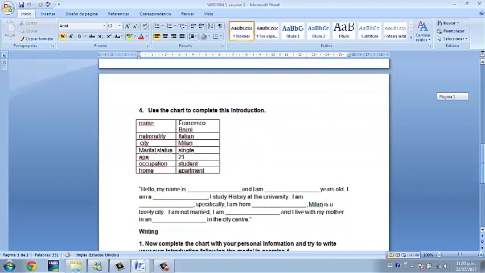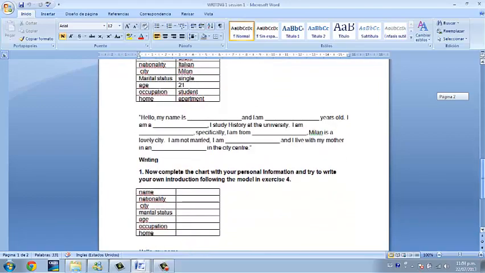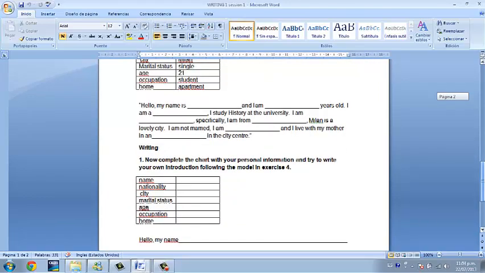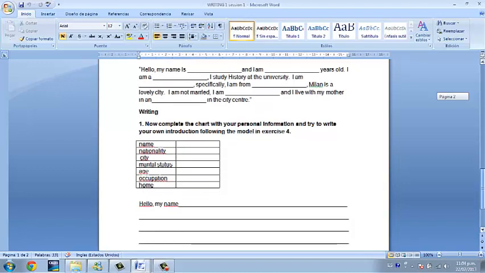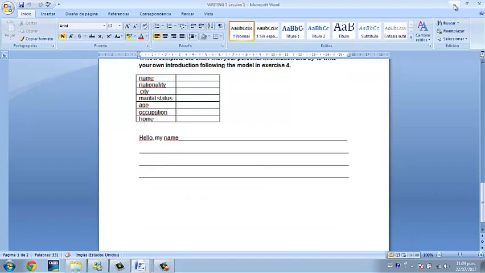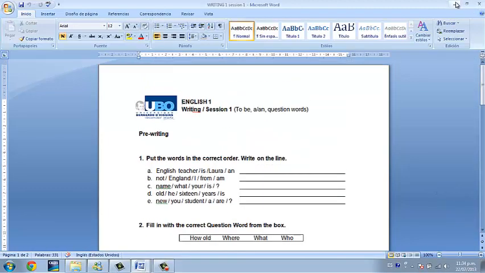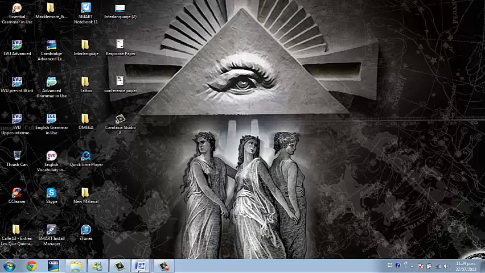Here, use the chart to complete the introduction, and then we have a writing activity and they have to write down their name, their nationality, their city, their marital status, age, occupation, and home, so as to put into practice what they have learned up to now. This is the writing session 1 for English 1.